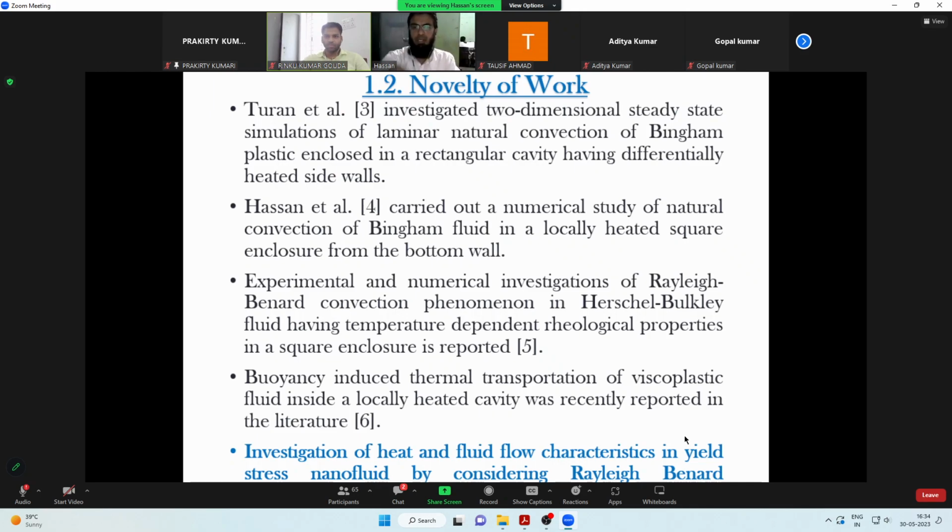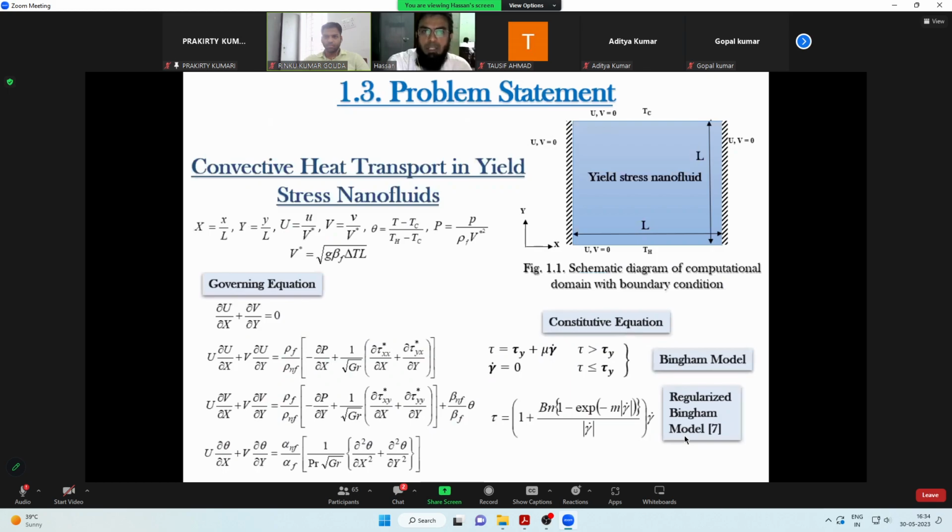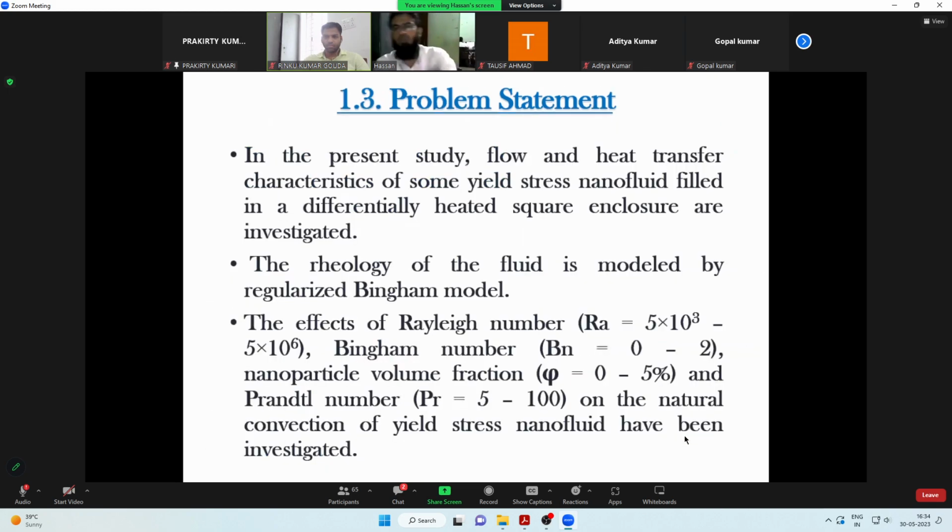The classical problem of Rayleigh-Bénard convection, where the bottom is the heated surface and the top is the cooling, and in between the fluid is trapped, has been reported in the majority of cases. Without going into much detail of them, let us come to the problem.